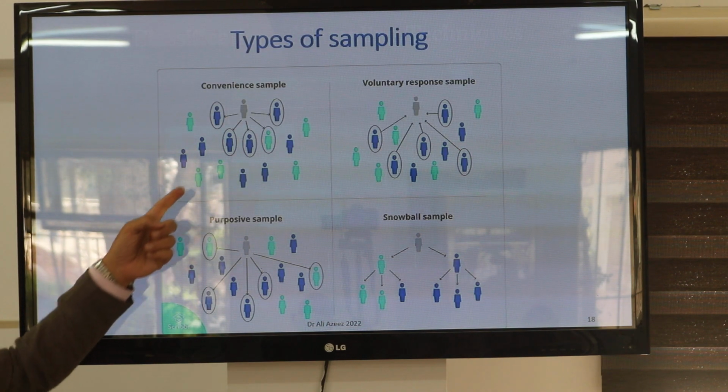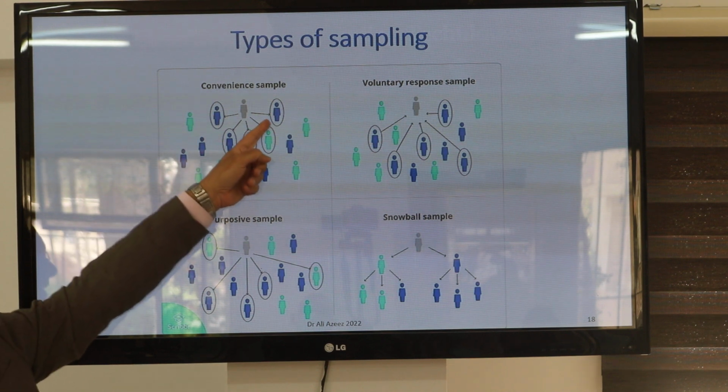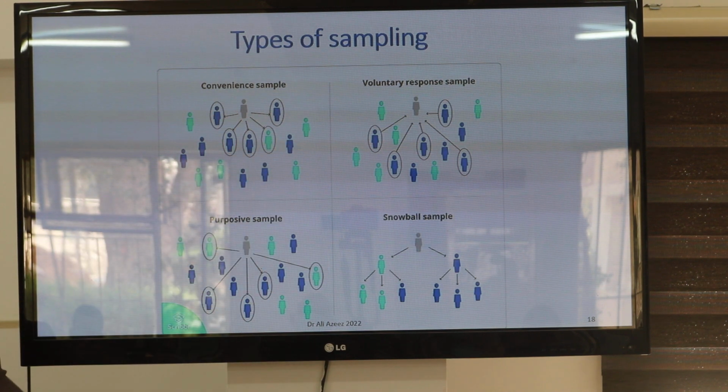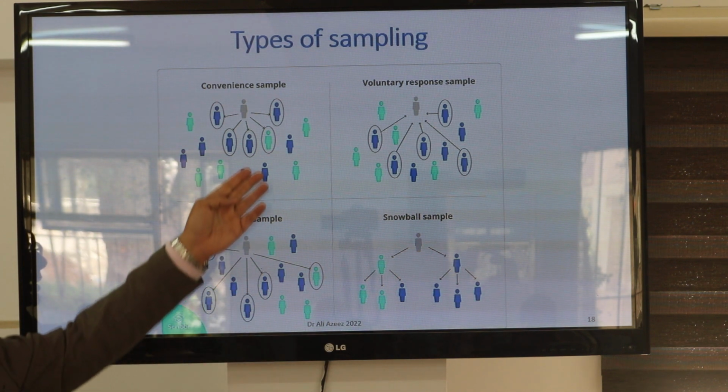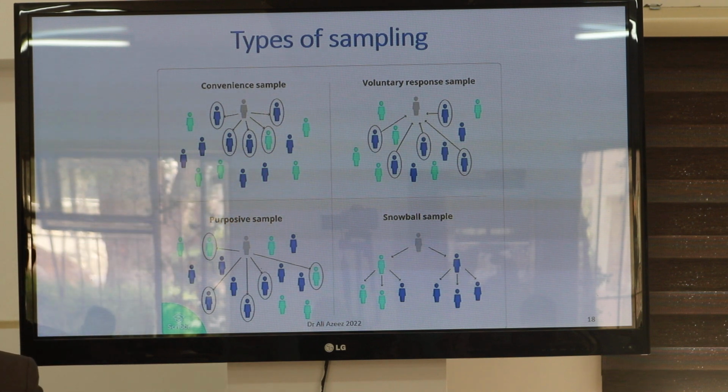Simply, convenience, that means the people I can reach, the first people who are willing to participate. We don't exert too much effort, but the ones we can reach, we include or recruit them.